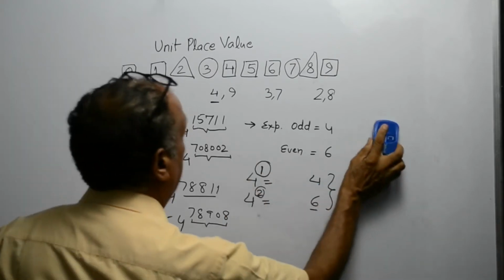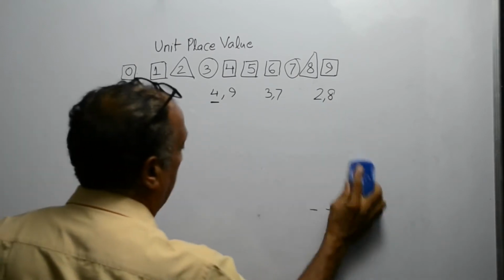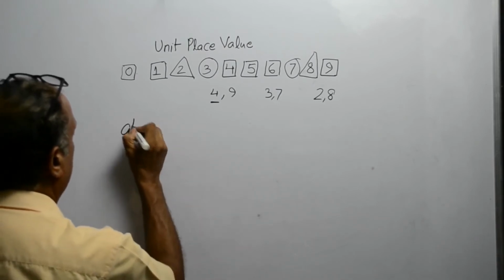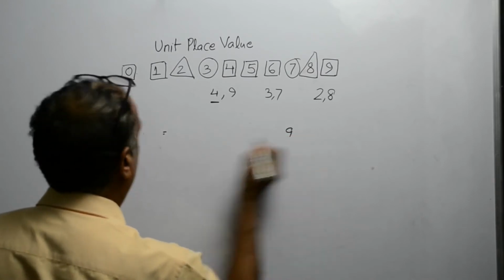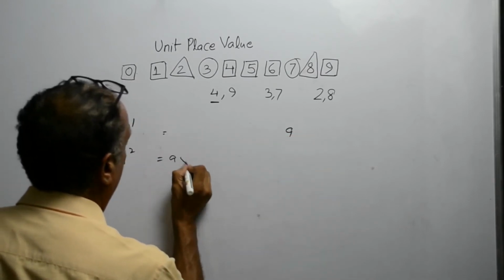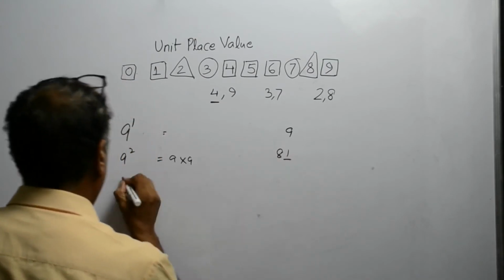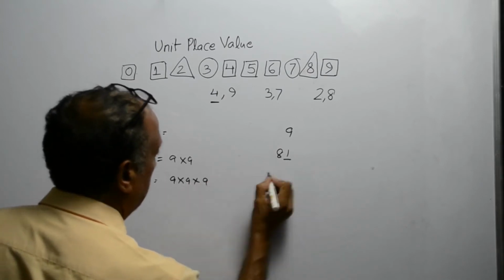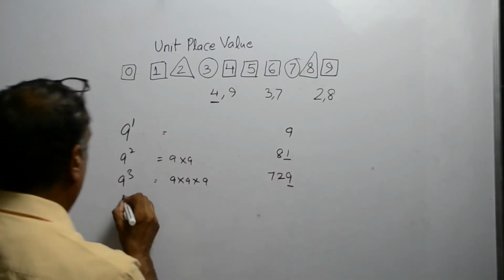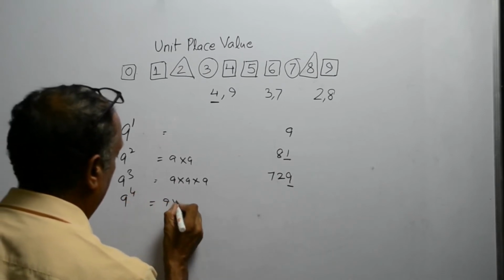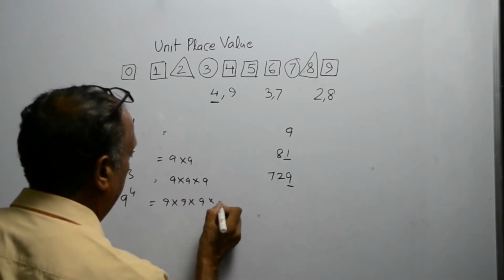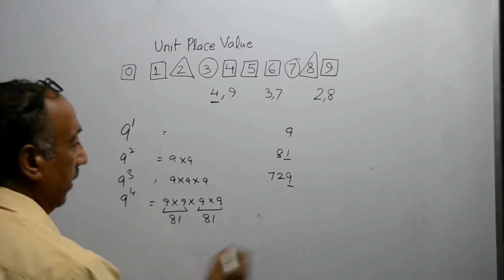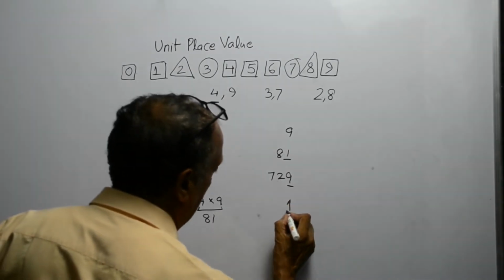And in a similar way, when we come to 9, the behavior of 9 is also similar. 9 raised to power 1 gives us 9. 9 raised to power 2 gives us 81. 9 raised to power 3 gives us 729. 9 raised to power 4 will again give us 1 as the last digit, because 81 multiplied by 81 is again going to give us 1 as the last digit.